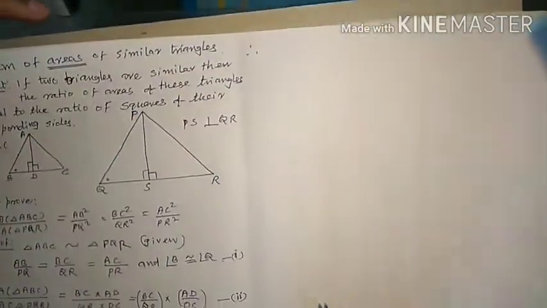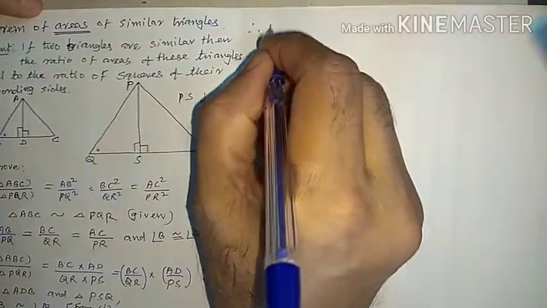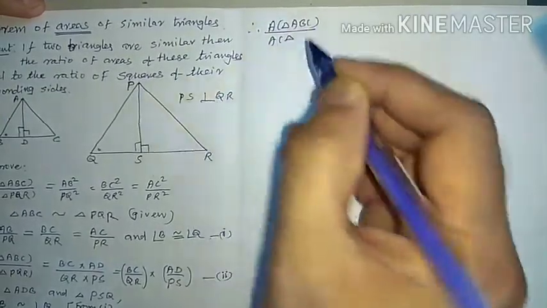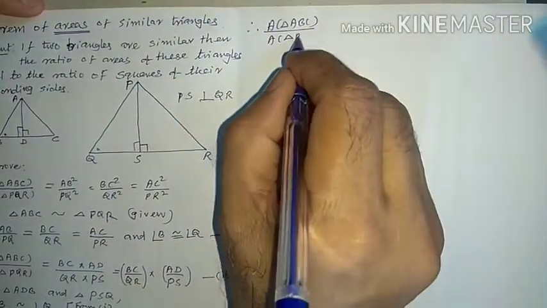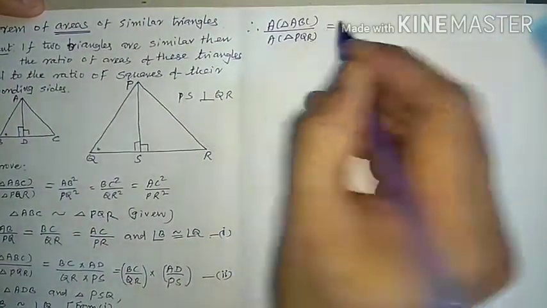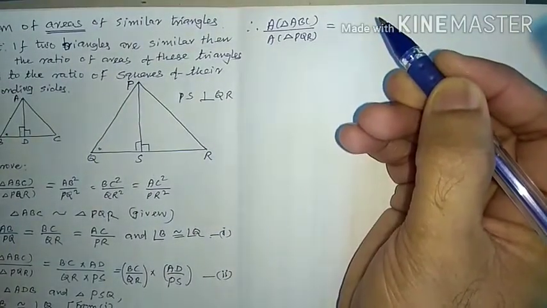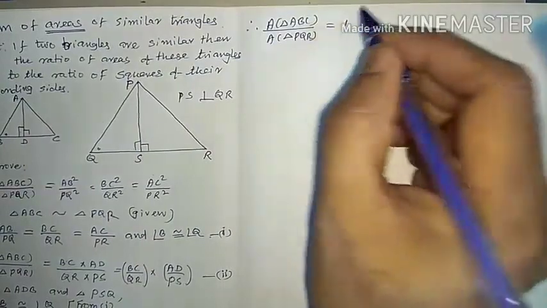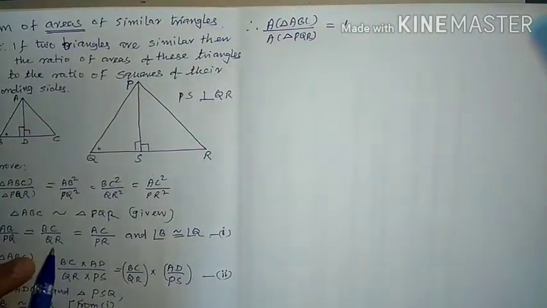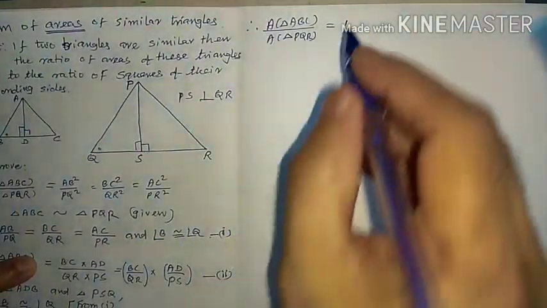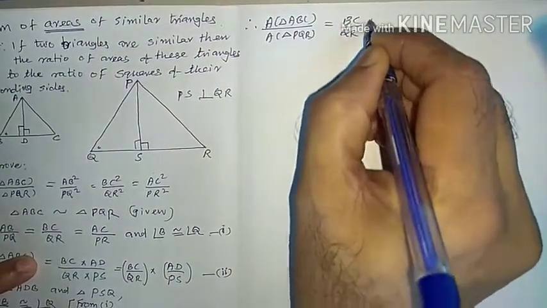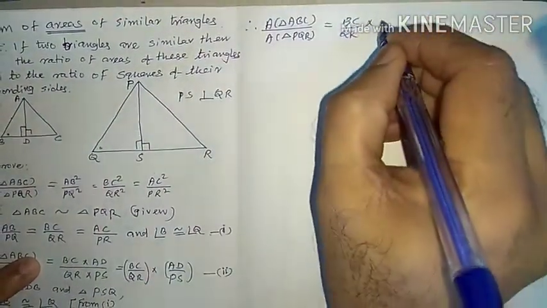Therefore, area of triangle ABC upon area of triangle PQR. Now see here we have BC upon QR, but BC upon QR is also AB upon PQ into AB upon PQ.